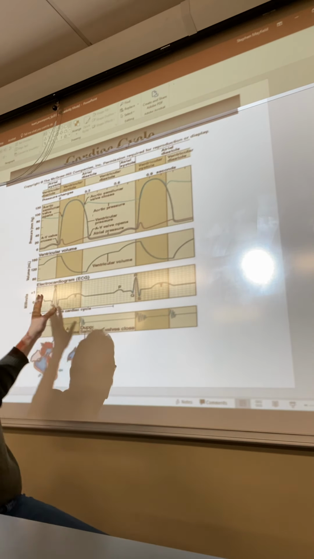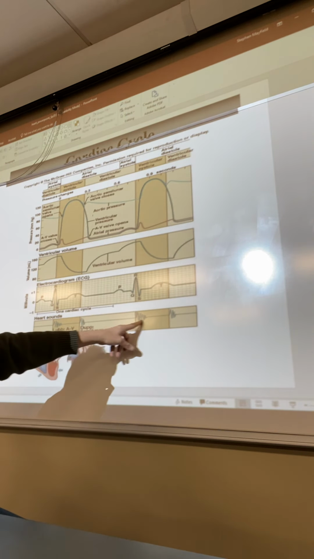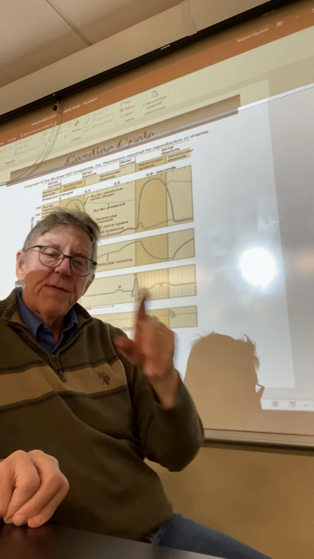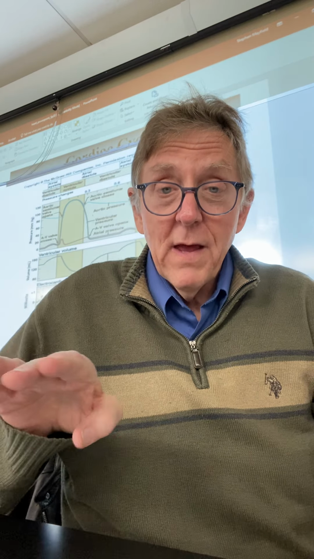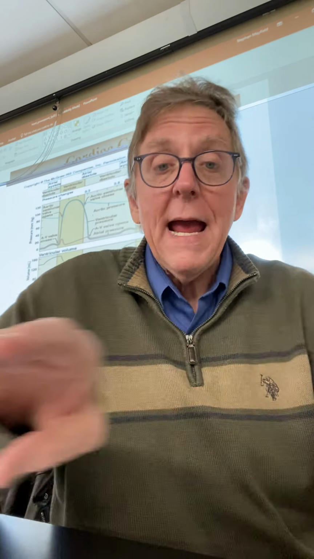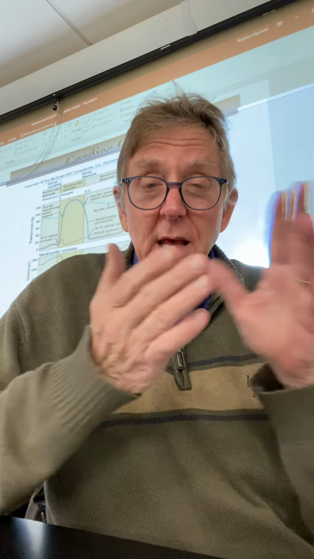So you can see what's going on, and then even to the point of you get the lub and the dub. I don't think I've mentioned this yet. What do those sounds represent? We have valves that close and bang together at the ends of each of these steps.